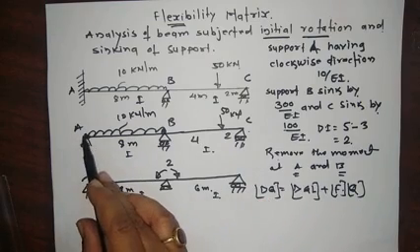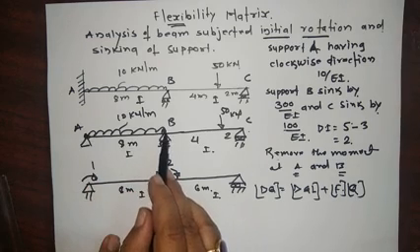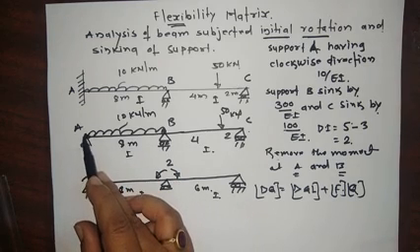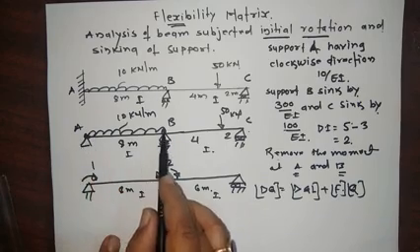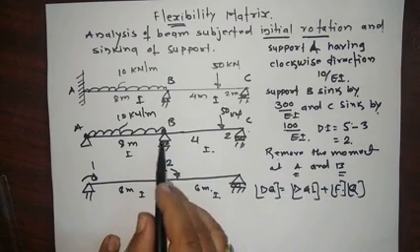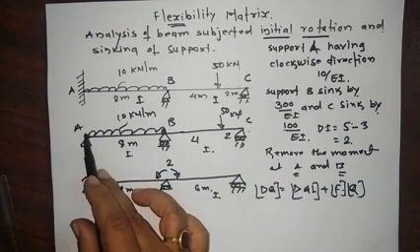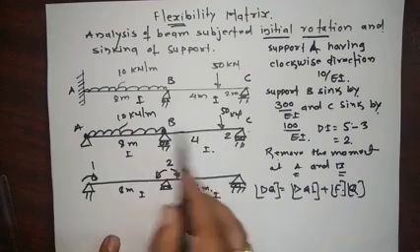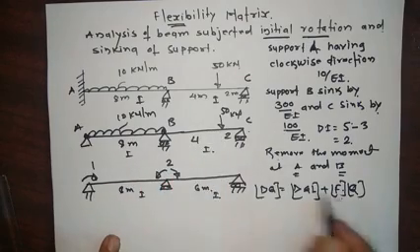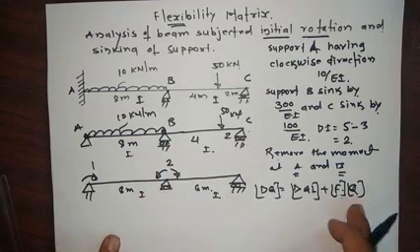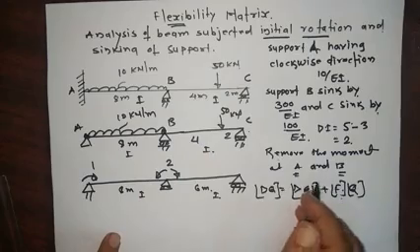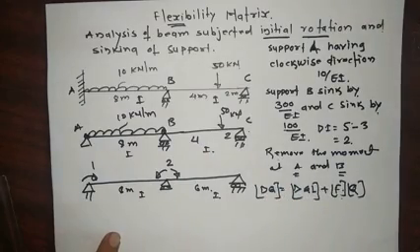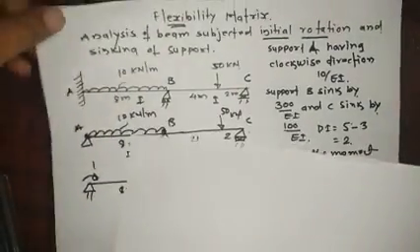Here we remove the moment at A and the moment at B, so we have to find the initial displacement at A and at B. Dql is the displacement caused at the coordinates A and B due to the external loading. F is the flexibility matrix and Q is the unknown matrix.